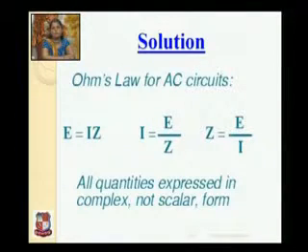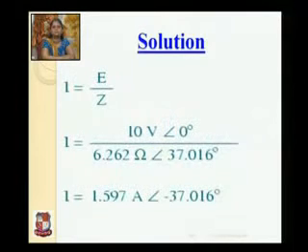Now the value of impedance is already known and the value of voltage is given, so you can easily find the magnitude of current. So current I is equal to E by Z. The value of voltage is given, which is 10 volt, angle 0. The value of impedance is already found, which is 6.26, angle 37.016.